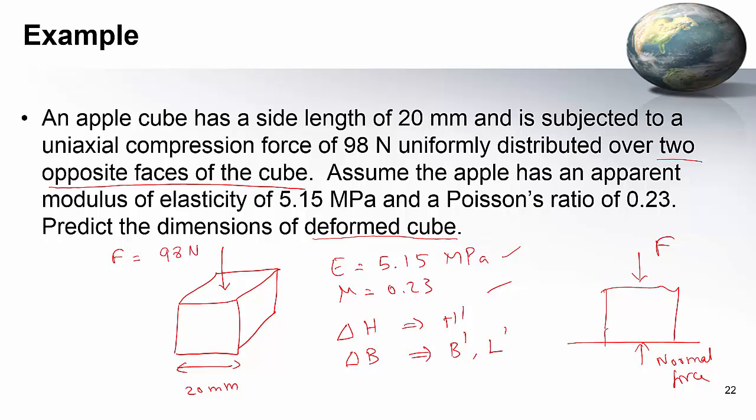Okay. So those are the things that need to be found. So you know the force, you know the area, right? So the area is 20 by 20, 400 millimeters square, right?